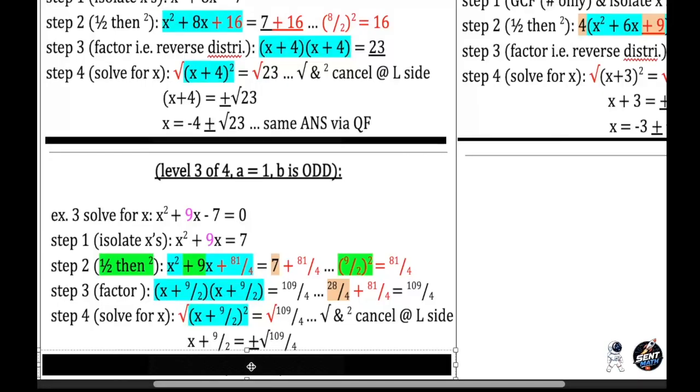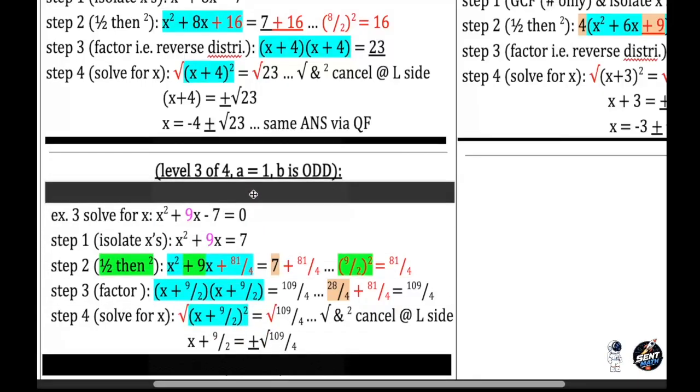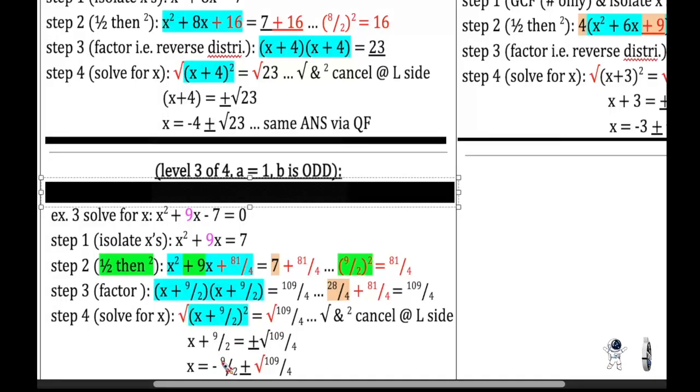And the last step, okay, is to subtract 9 over 2 to both sides. Again, instead of putting the minus 9 over 2 here, I put it over here so that we can see a match with what we will get in our quadratic formula. Okay, so this would be the same answer as a quadratic formula.